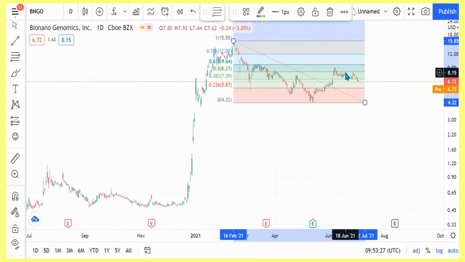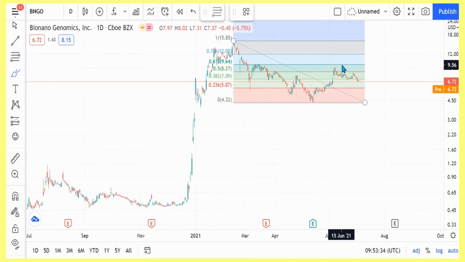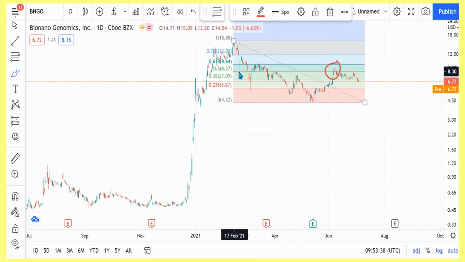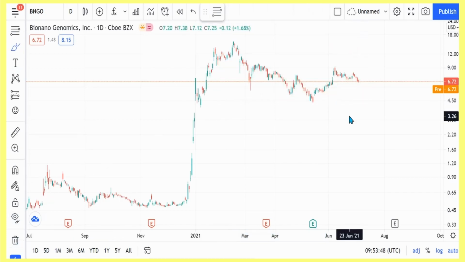Because the buyers managed to push it up beyond 50%. Observe this area. It's beyond 50%. That's a wonderful job for the buyers. So what we are saying here is, the buyers still have strength. The sellers are losing the strength, or rather the power.